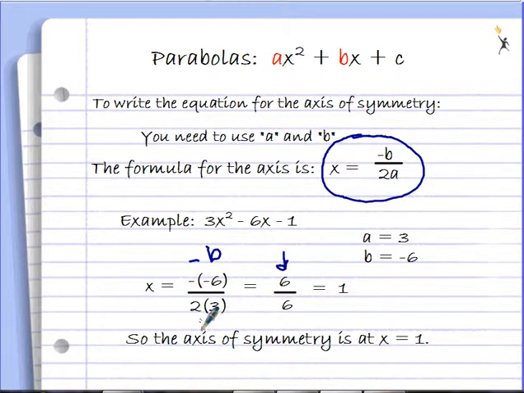In the denominator, 2 times a becomes 2 times 3, which also gives me 6. When I simplify, 6 over 6 is 1. So my axis of symmetry is going to be at x equals 1.